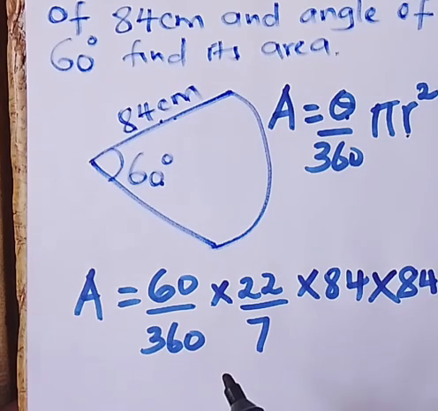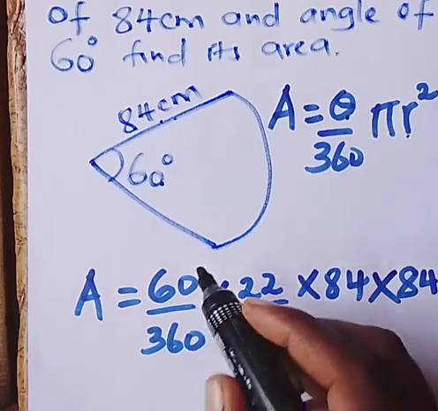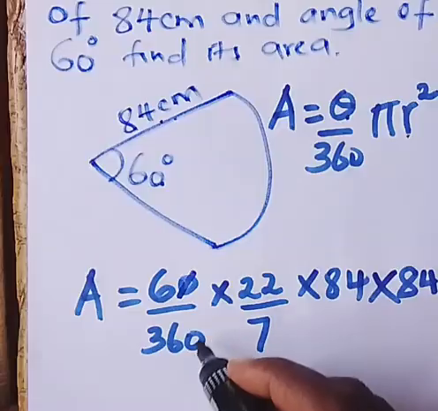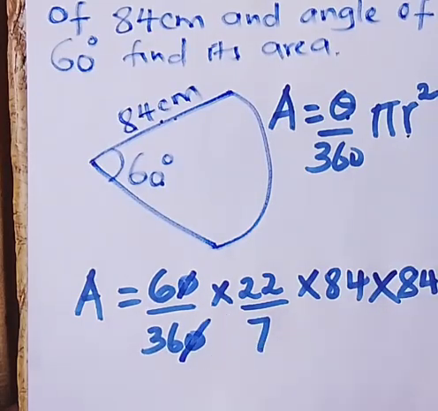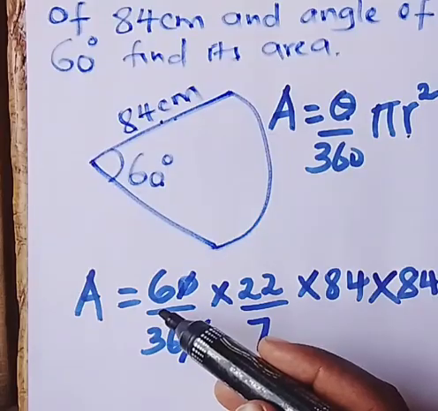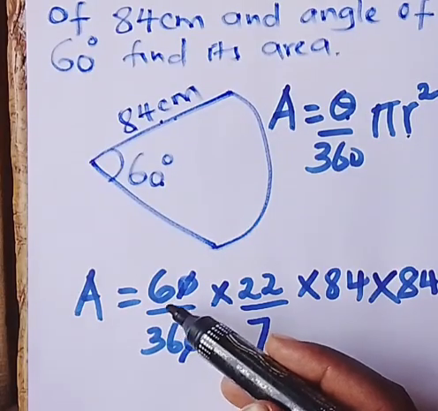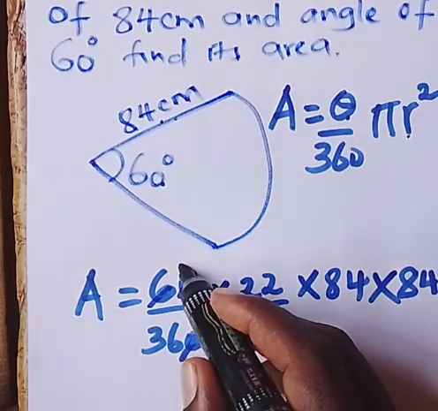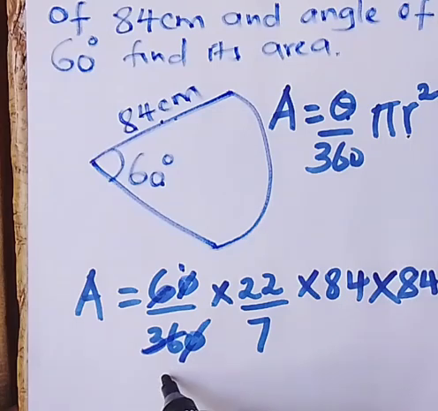So we will start with this one. The 0 can cancel out with the 0. Then you can see that 6 and 6 are multiples, so by 6 we get 1, and by 6 we get 1.